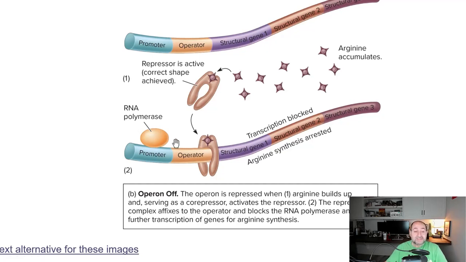This means that the arginine operon is now off. Transcription is blocked. Arginine synthesis is arrested. It makes sense. If there's plenty of arginine, we don't want to waste the resources to synthesize these arginine making genes. Okay, so again, this is an example of a repressible operon.